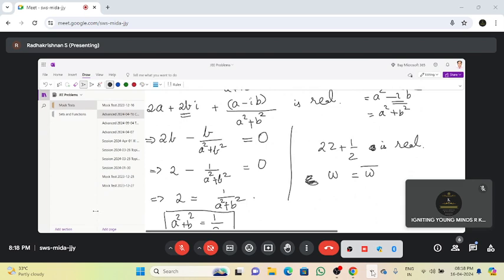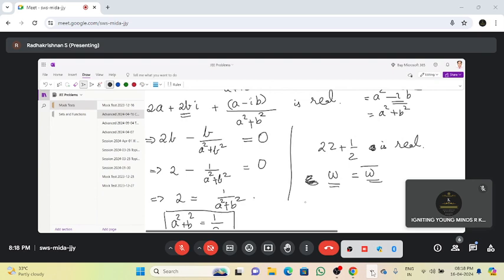If the number has no imaginary part, its value will be equal to its conjugate, because the conjugate just reverses the imaginary part. So if the imaginary part is 0, the number will be equal to its conjugate.